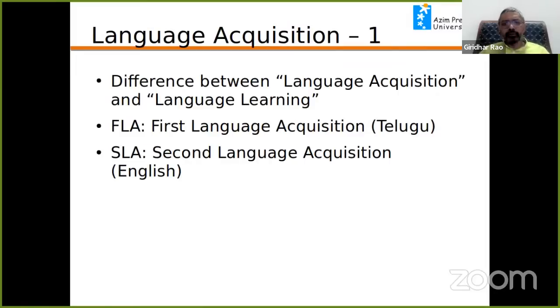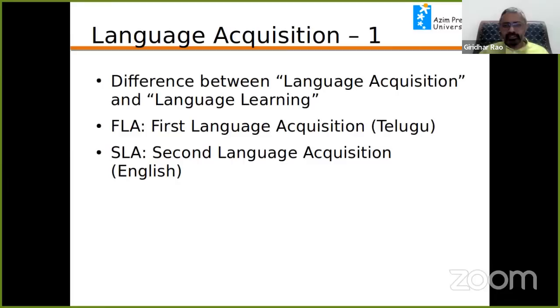In fact, languages are considered to be acquired. The first language acquired by the child in the socialized home environment is called the FLA. The study of that acquisition is called first language acquisition.